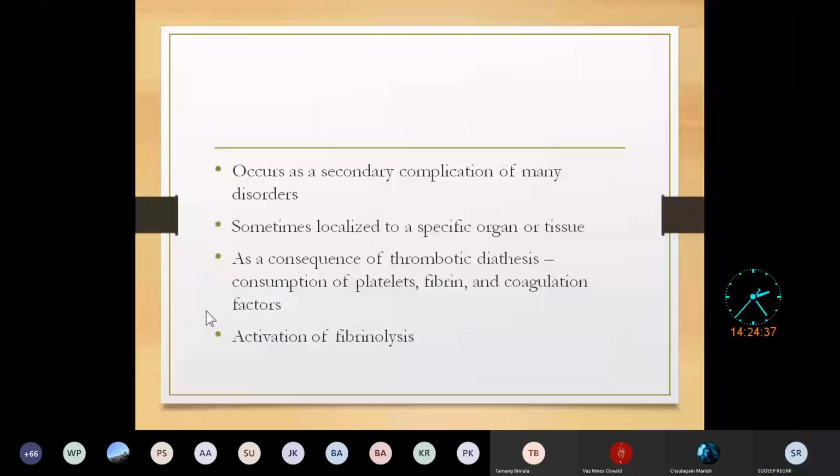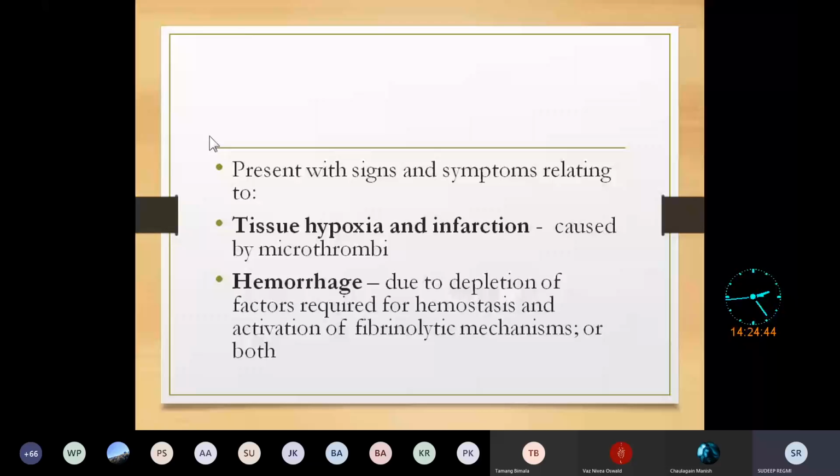So ultimately, they present with signs and symptoms relating to the tissue hypoxia and infarction, which is caused by the microthrombi. For example, kidney. So whenever the microvasculature of the kidney is studded with the microthrombi, then the kidney won't be able to do its function, and it will get infarcted, due to the tissue hypoxia and the blockade of the microcirculation.